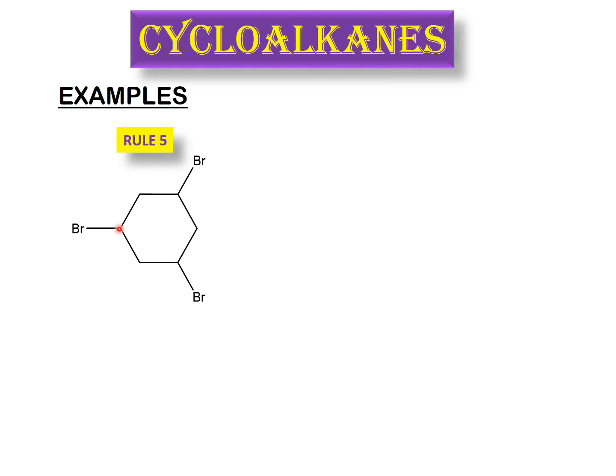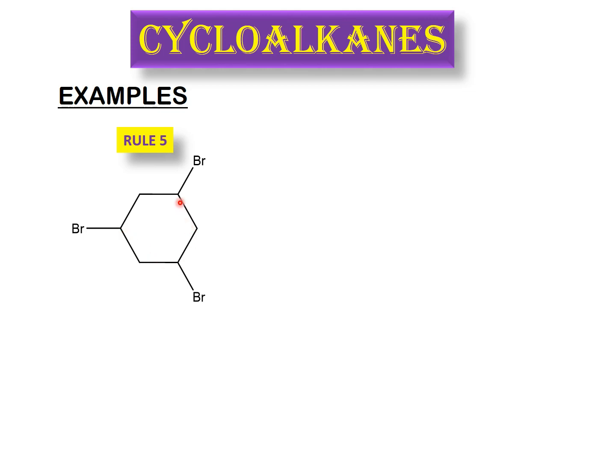So this is your carbon number 1. Then if you proceed in this direction, the second bromine comes at carbon number 3, and the third bromine is at carbon number 5. So that makes it 5 plus 3 plus 1 is equal to 9. If you proceed in this direction, then we have this bromine at 1, this is at 3, and this one at 5.